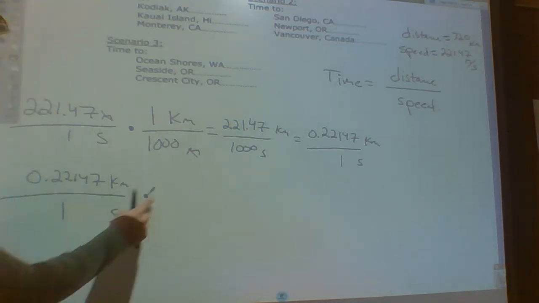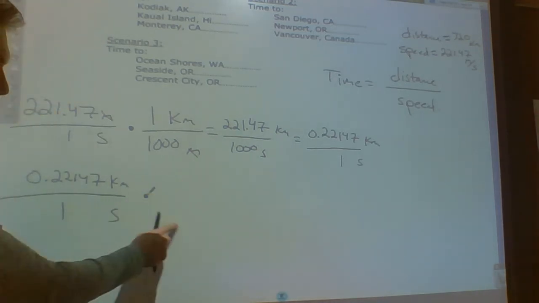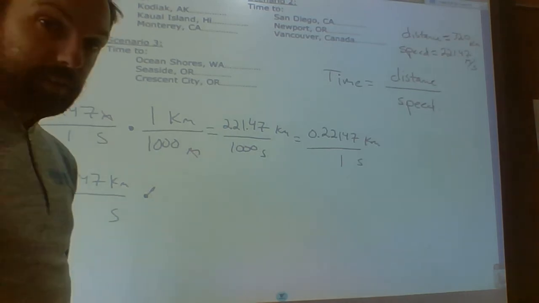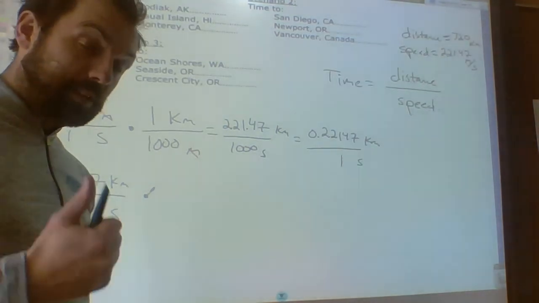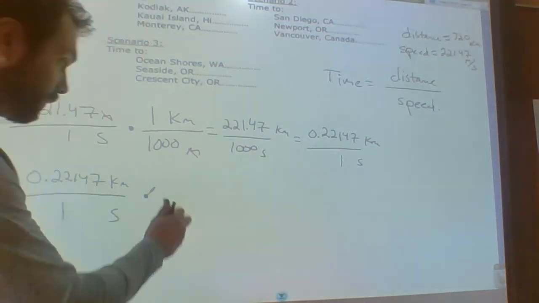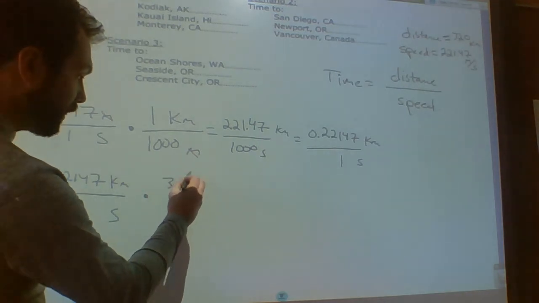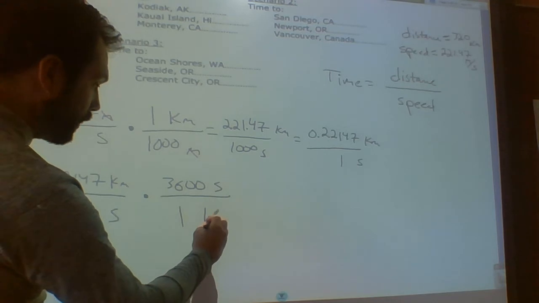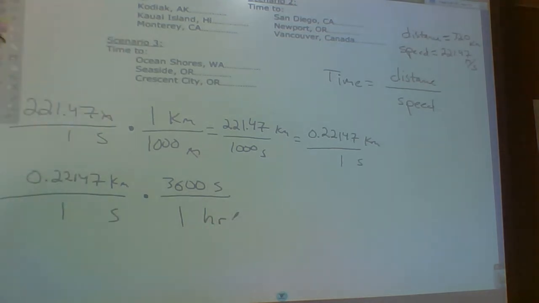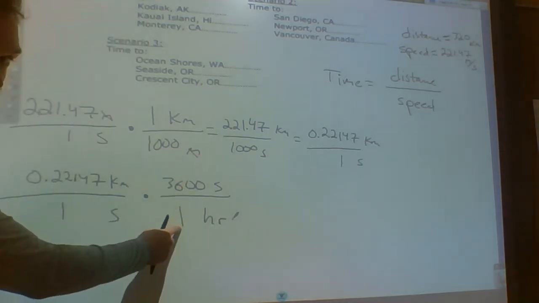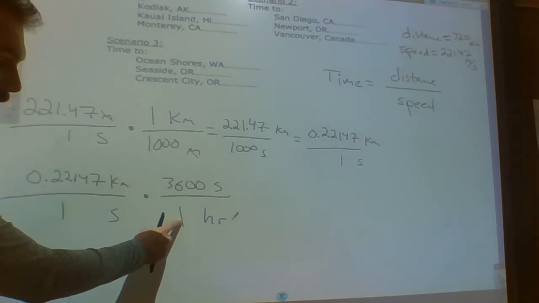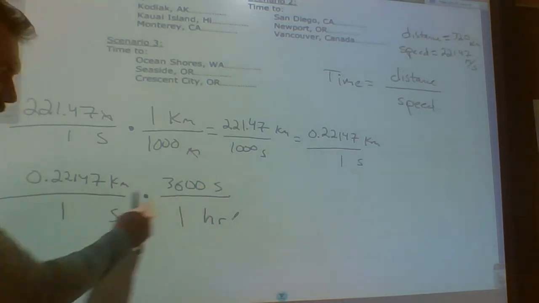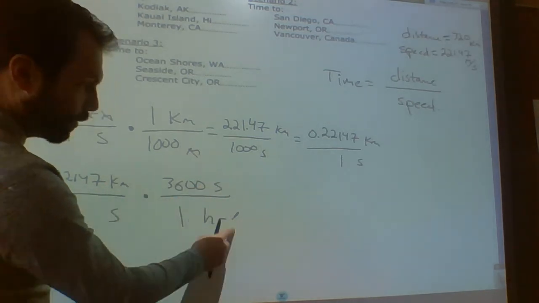So I want the seconds on top so that it will cancel out. And there's 60 seconds in a minute and 60 minutes in an hour. So if we multiply those together, there's 3,600 seconds for every 1 hour. So we can create this ratio of seconds to hours. If we multiply these together, the seconds will cancel out and we'll be left with hours.